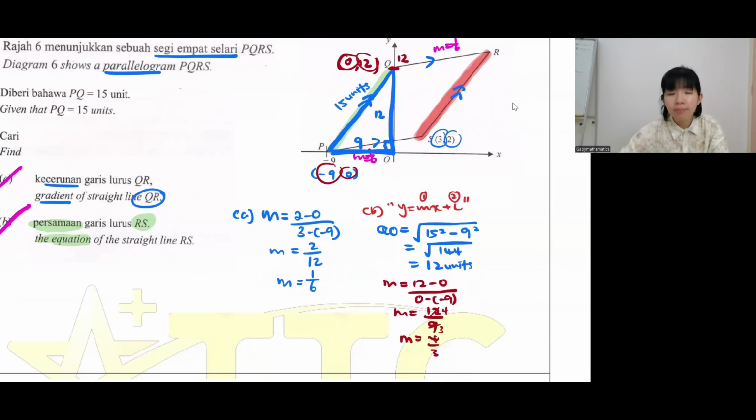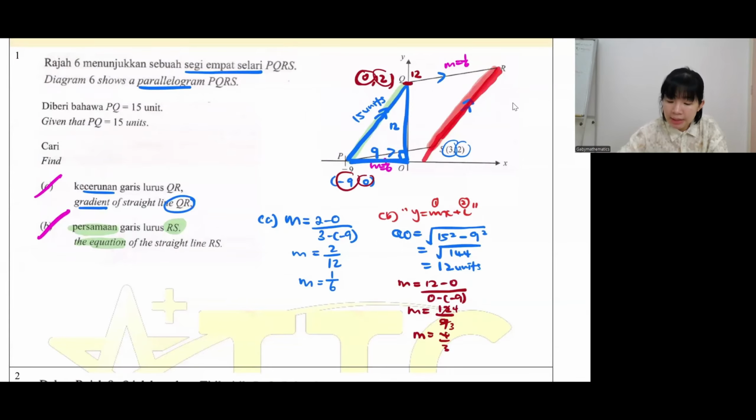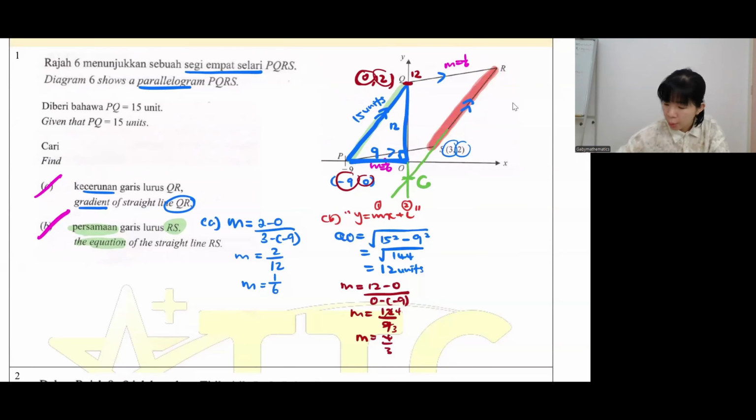Now, do they give us c? RS, okay, check the diagram and see. This line RS, c is, you need to extend the line longer until it touches the y-axis. This is c, correct? It's not given. So if it's not given, how? Along this line, you can take one of the coordinates. Here, we got S. We use this coordinate to find c. Okay, y equal, the m we found is 4 over 3, so 4 over 3 x plus c. C don't know.